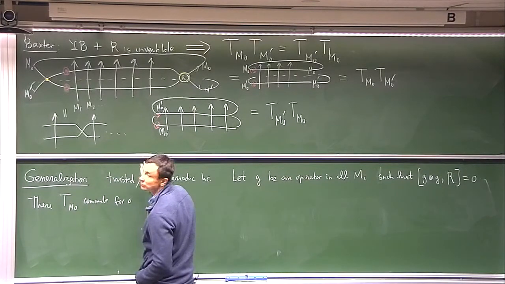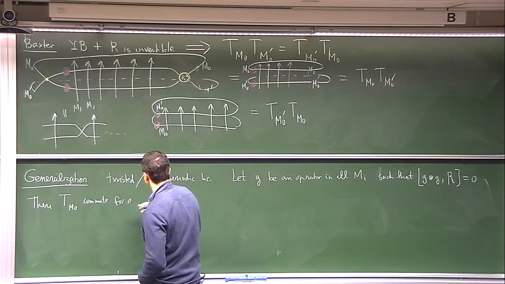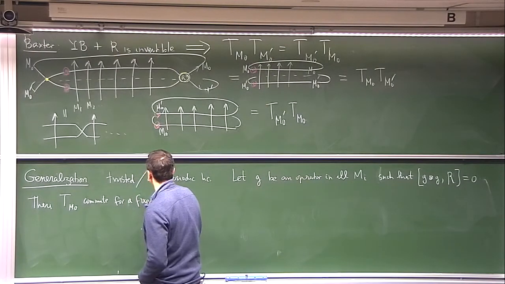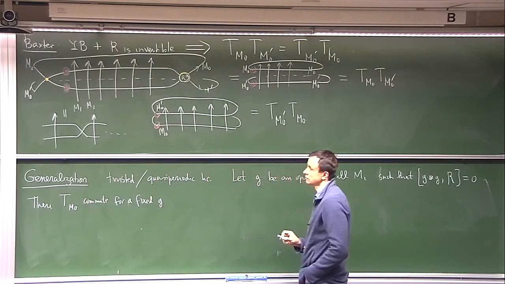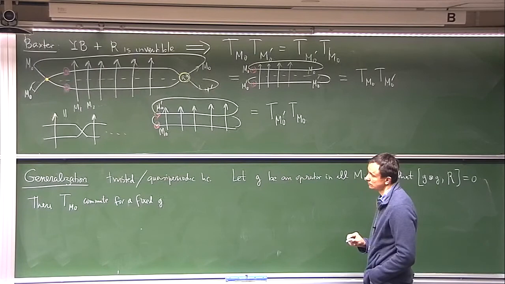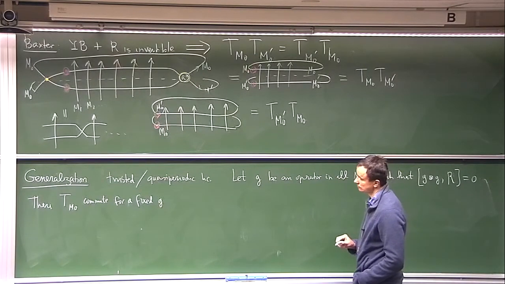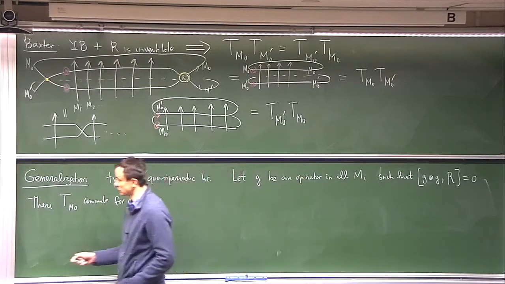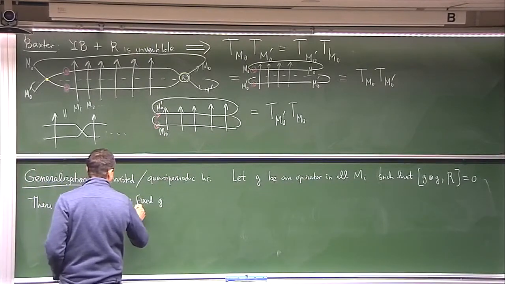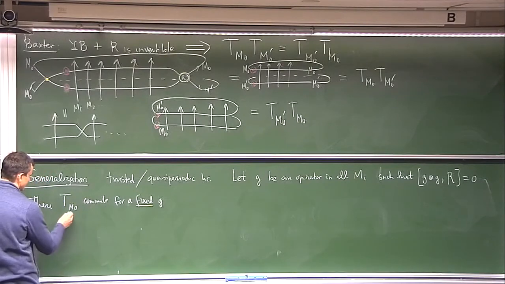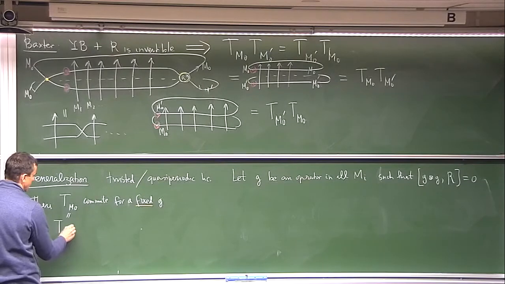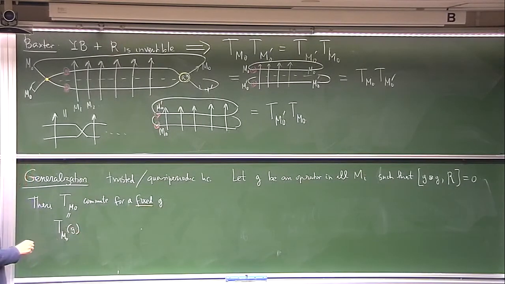So what do you commute, for a fixed G? So this depends. In other words, this is a function of a representation and an element.